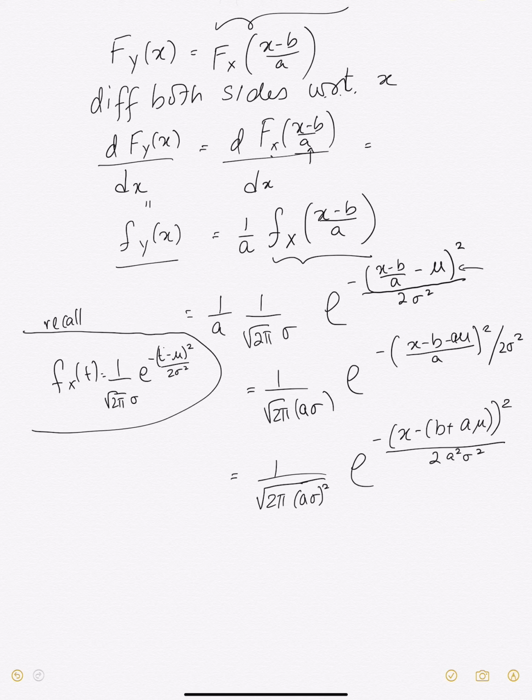Now take a look at this. What is this? This is exactly the density of a normal random variable with what mean?